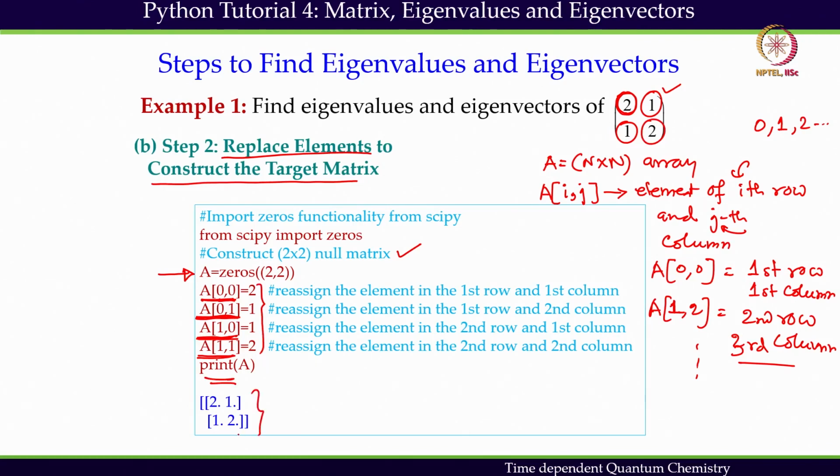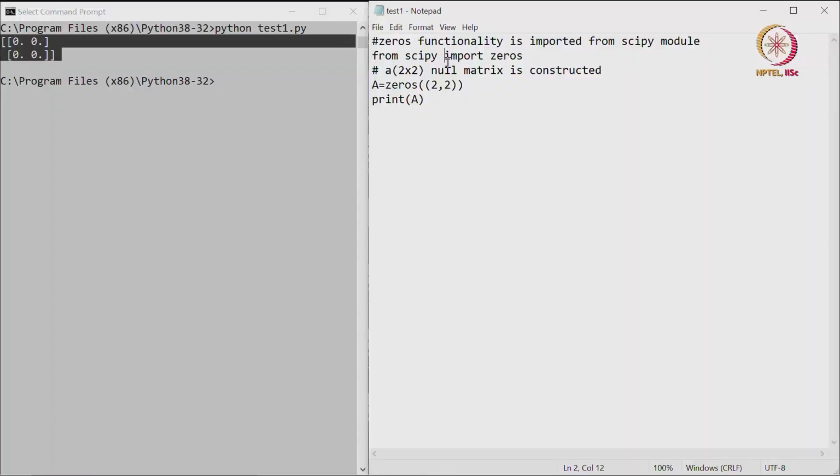So let's go back to the laptop and find out how to do that. I'm going to now assign individual values like this way. I have created the 0 null matrix, and then A[0,0] is going to be 2.